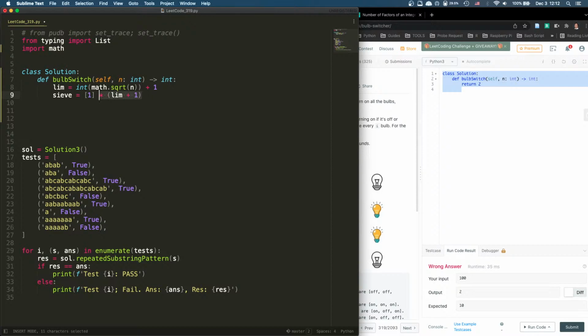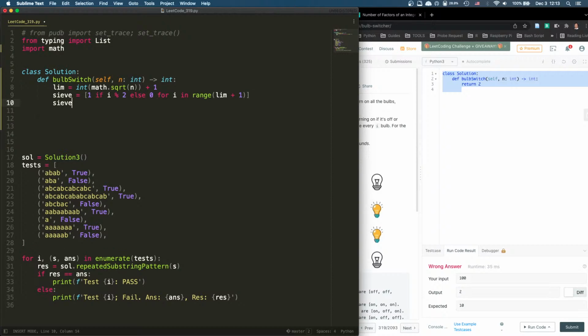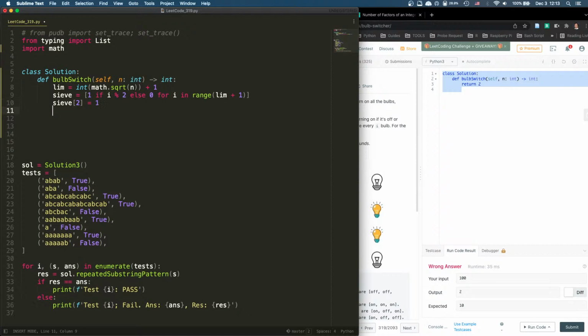So we can say, for i in range lim +1, it's going to be 1 if i is 2 else 0, right? So all the even values will be 0, but sieve 2 will be 1 because 2 is a prime number.